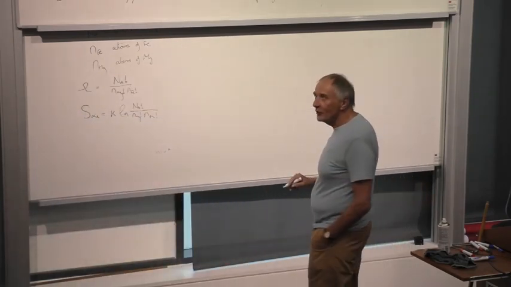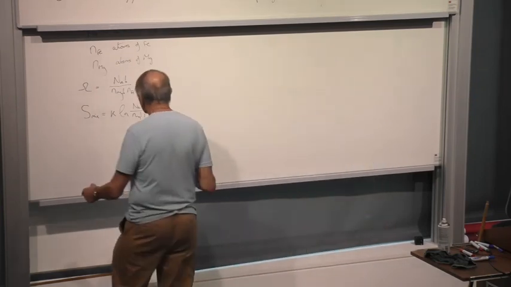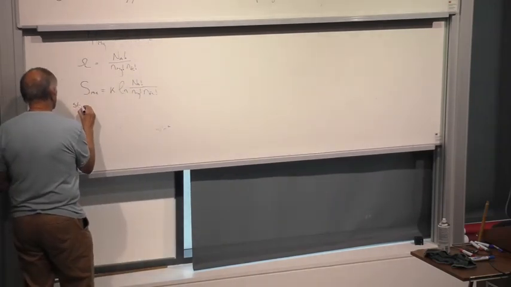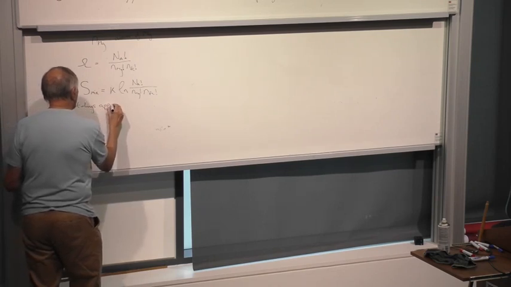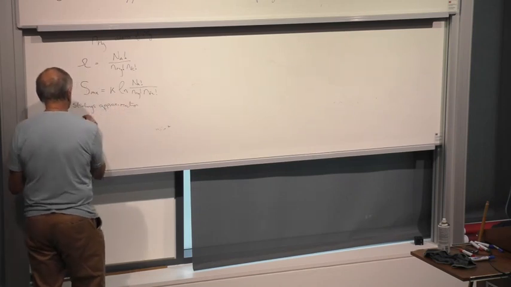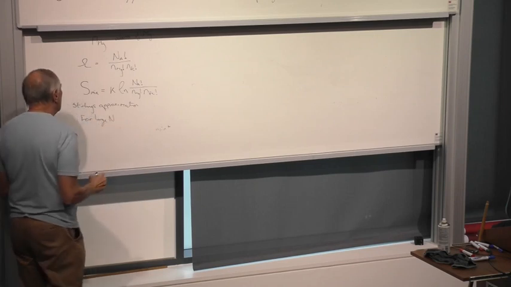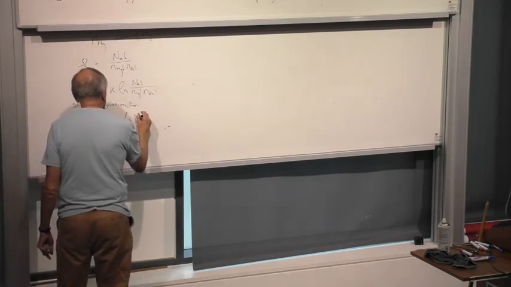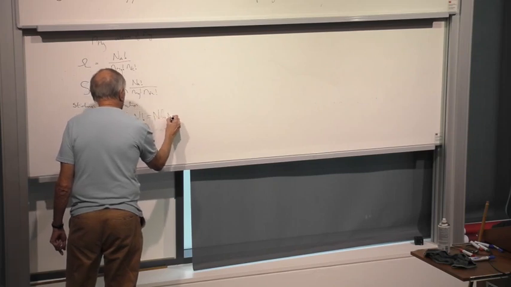Now, writing out the factorials is going to take us a heck of a long time, so we won't bother with that. We use Stirling's approximation, which says that if n is large, which it certainly is in this case, ln of n factorial equals n ln n minus n.